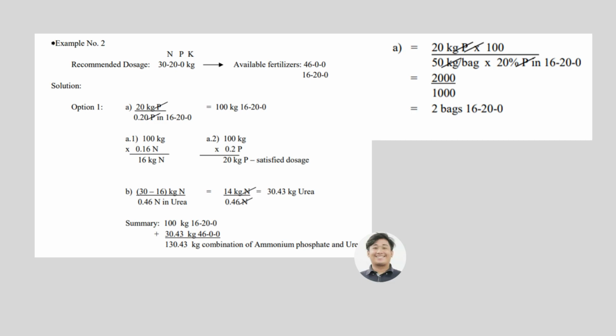We need 20 kilograms of phosphate, multiplied by 100, over the 50 kilogram bag times 20% of phosphate in the 1620. So 2,000 over 1,000 is 2 bags of 1620.